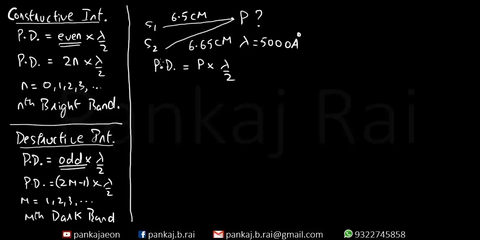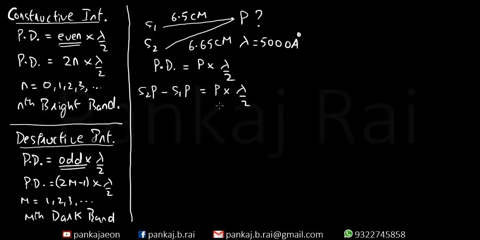So we have lambda here, the wavelength. What about the path difference? Path difference is the difference between the two paths from the two sources where the lights are meeting, at point P. So in this case the path difference is S2P minus S1P, and that is equal to p into lambda by 2.